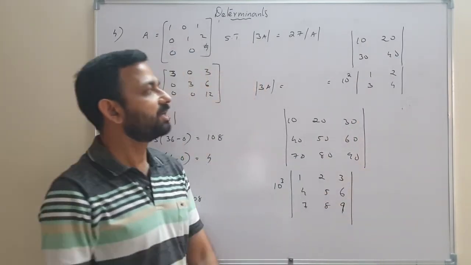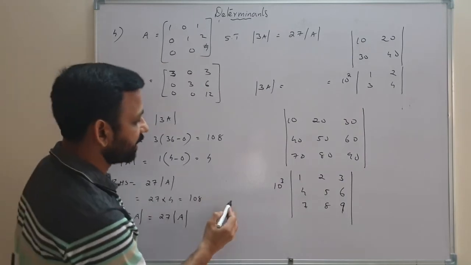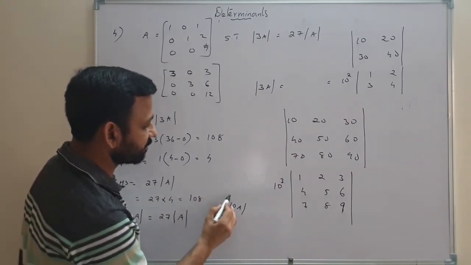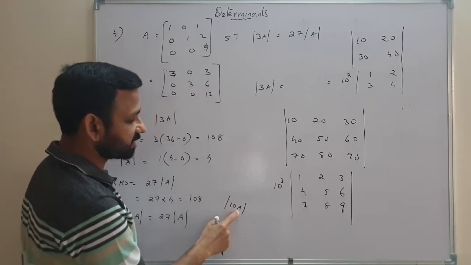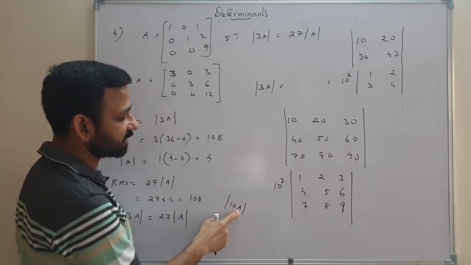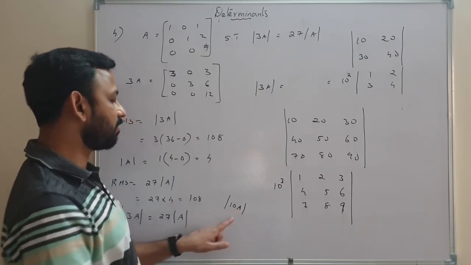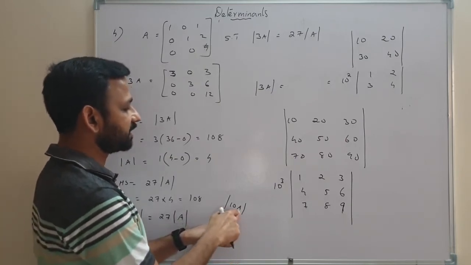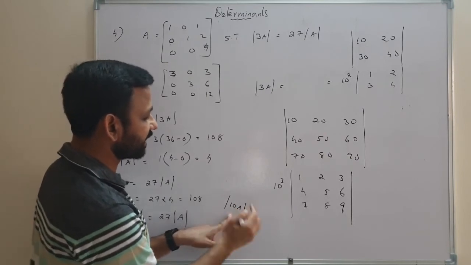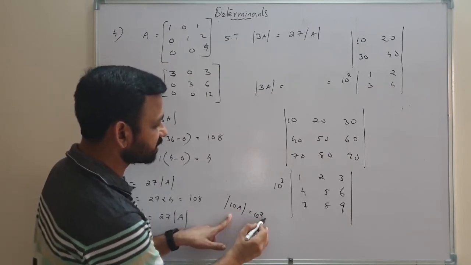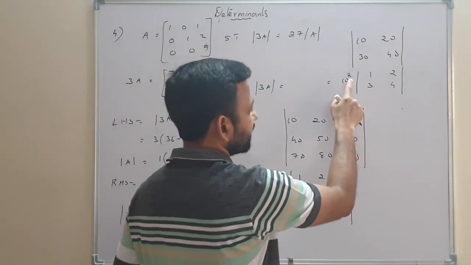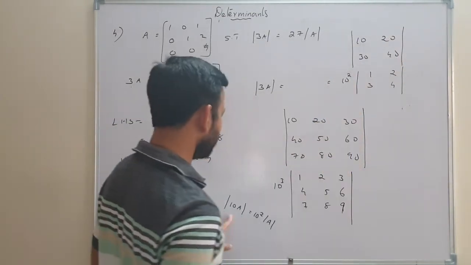So here, if we take 10 outside from a determinant, if the order of that determinant is 2 by 2, then if you take 10 outside, it will be 10 square into determinant A.